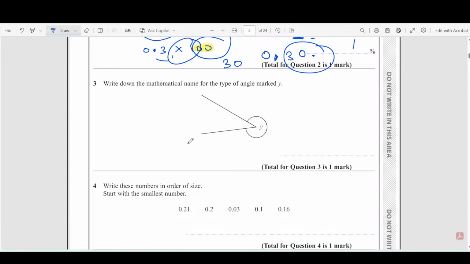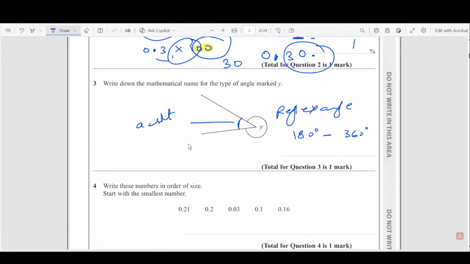And next is: write down the name for this type of angle. This is a reflex angle. A reflex angle is greater than 180 degrees but less than 360. Angles less than 90 degrees are called acute.